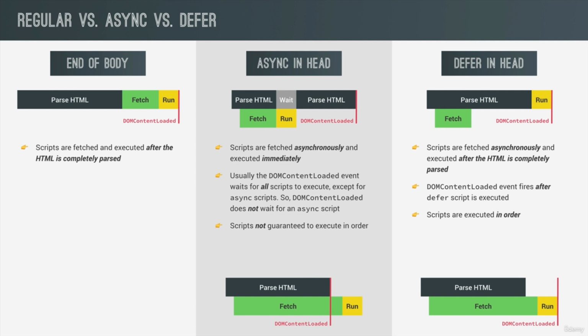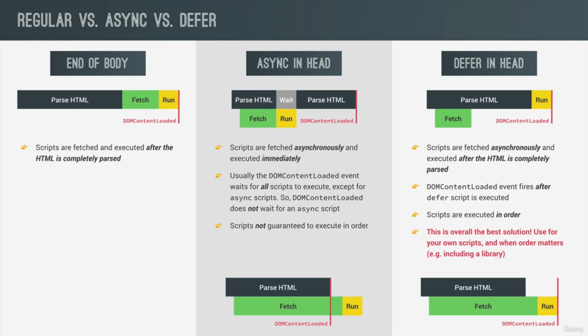So in conclusion, and also keeping in mind what we learned in the last slide, using defer in the HTML head is overall the best solution. So you should use it for your own scripts and for scripts where the order of execution is important. For example, if your script relies on some third-party library that you need to include, you will include that library before your own script, so that your script can then use the library's code.